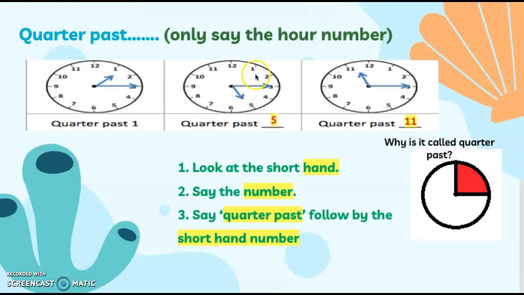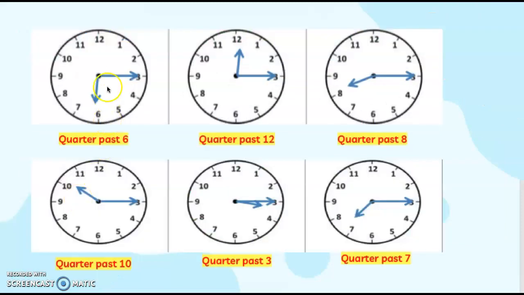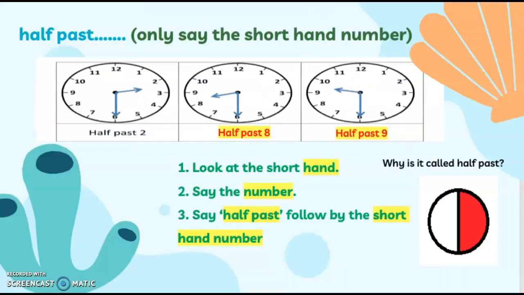This one, quarter past 5. This one, quarter past 11. I'll show you another example. You see all the long hands struck at number 3. That means it's quarter past. So you just read the short hand number. Quarter past 6. This one, quarter past 7. Move on to the next one.